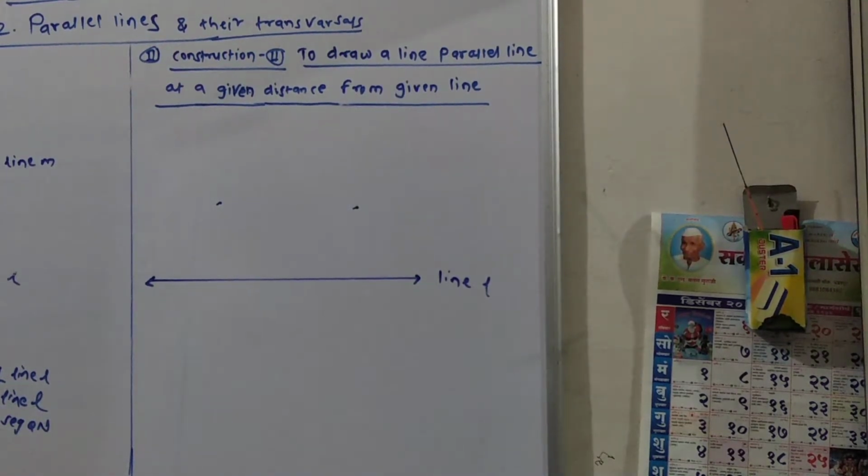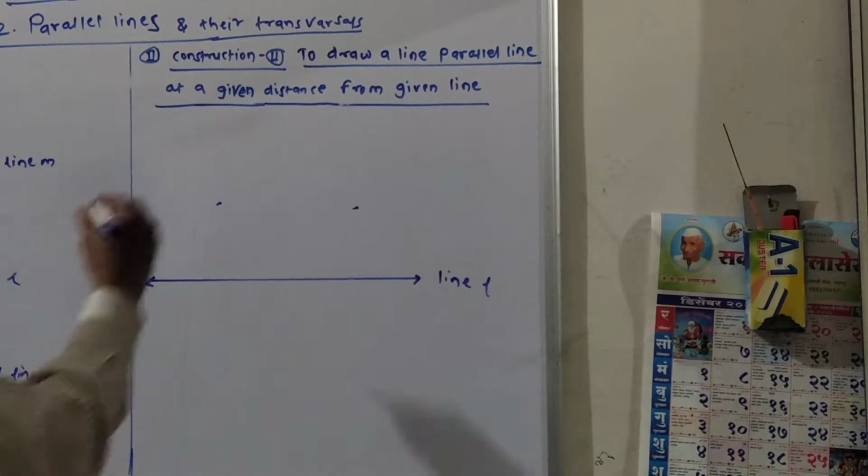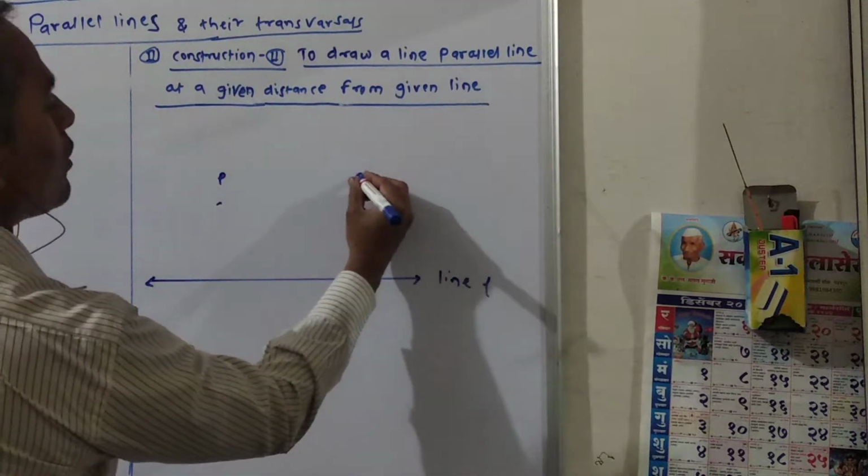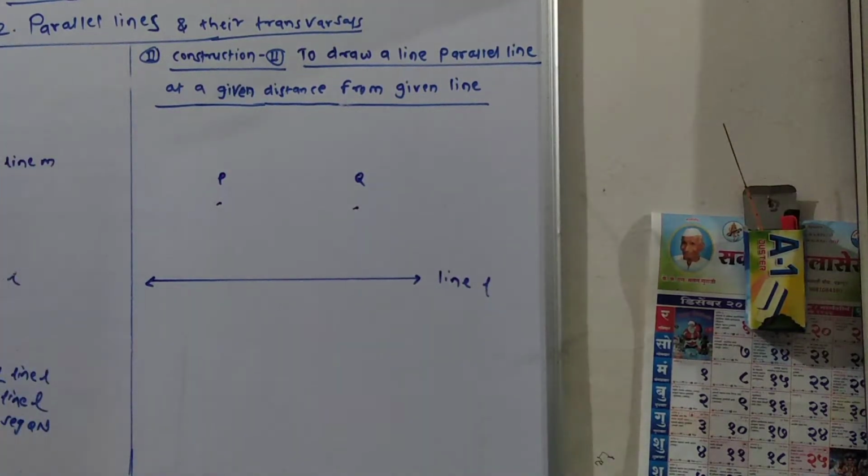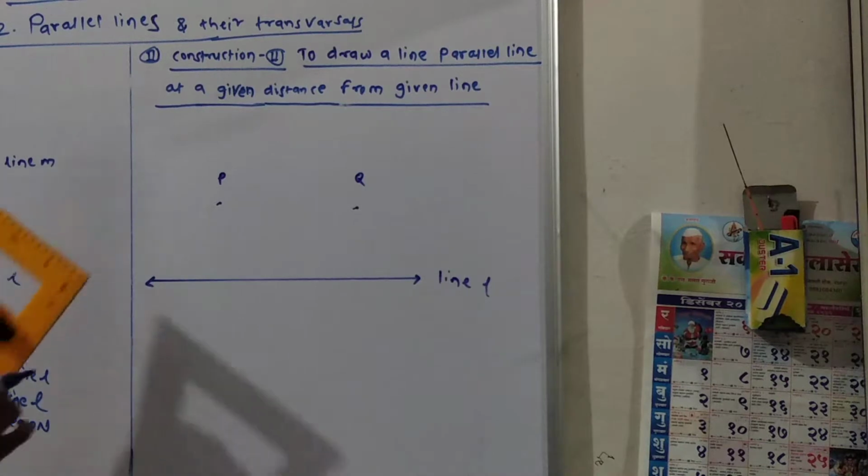These are the points P and Q, drawn outside the given line, and the distance is given directly.